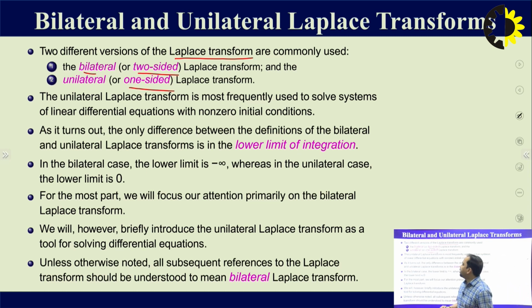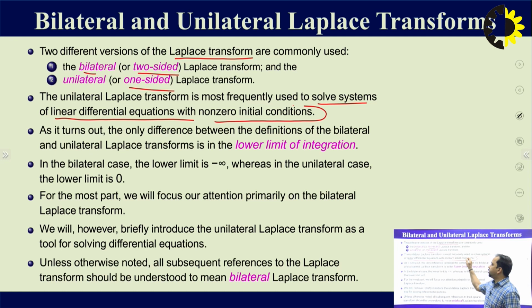Next, the unilateral Laplace transform is most frequently used, very important, to solve linear differential equations with non-zero initial conditions. Means if the initial conditions are non-zero, then we can use the unilateral Laplace transform to solve these types of equations.